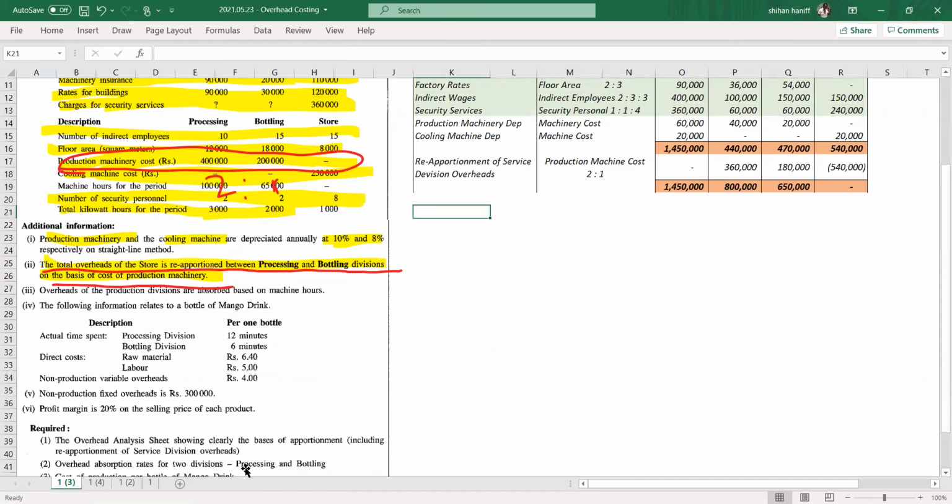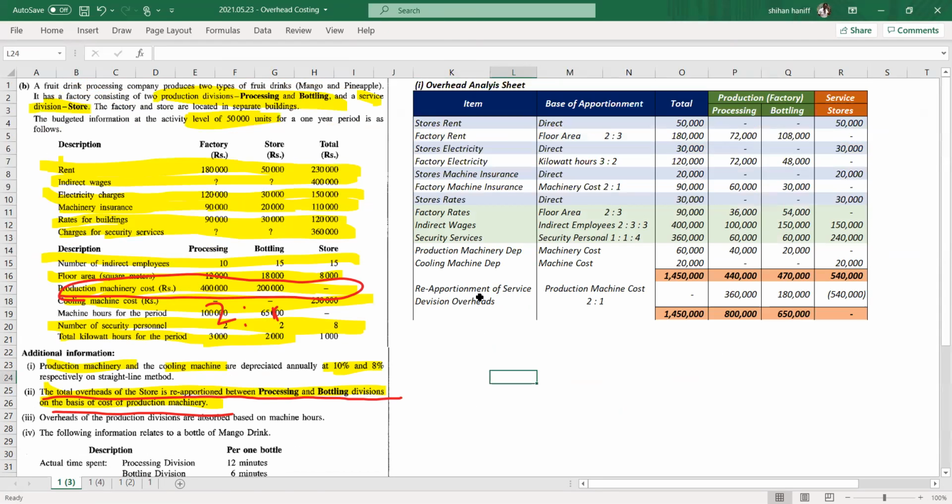Overhead absorption rate for 2 divisions, processing and bottling, in part 2. Overhead absorption rates.